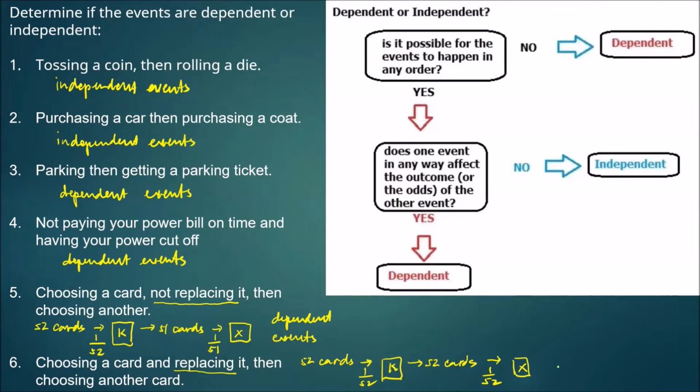So therefore, they are independent events. So again, whenever you see that we pick an object and replace it, then these events are independent. Okay, so I hope you understand the difference between dependent and independent events.